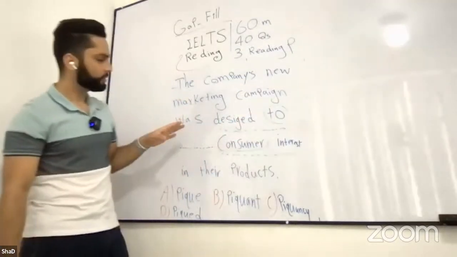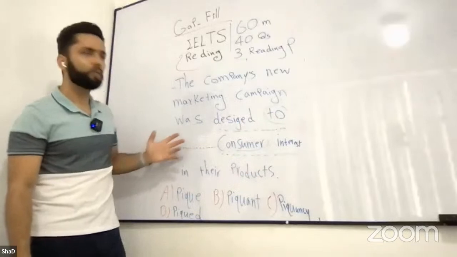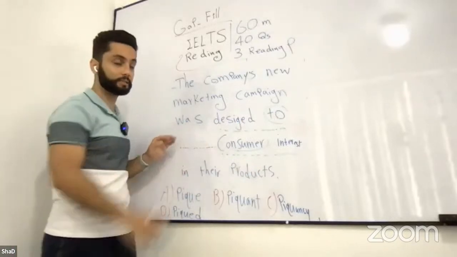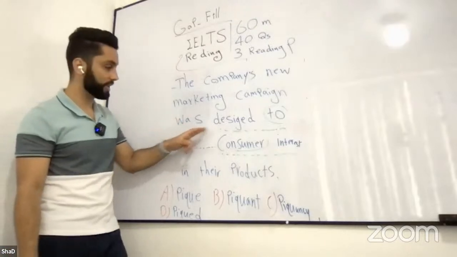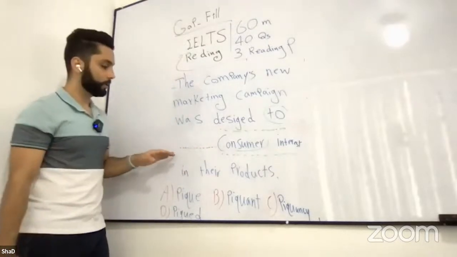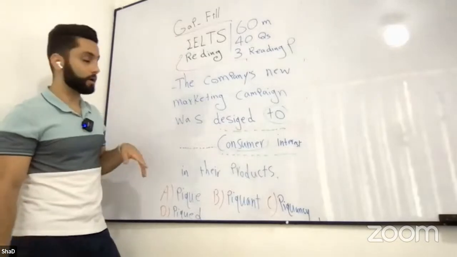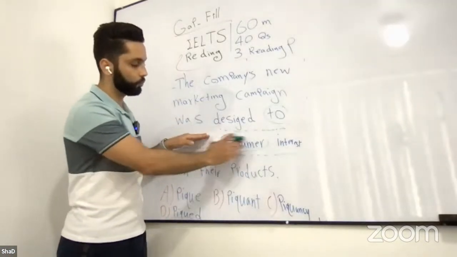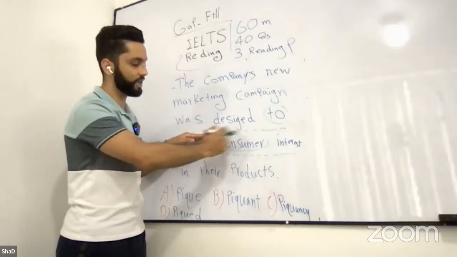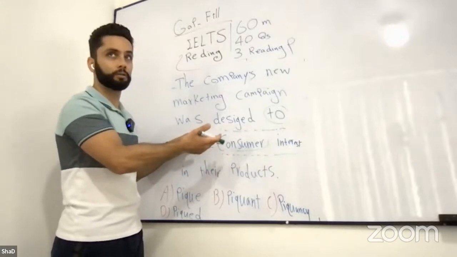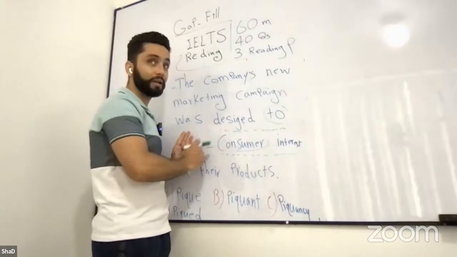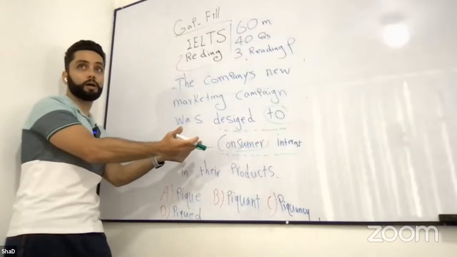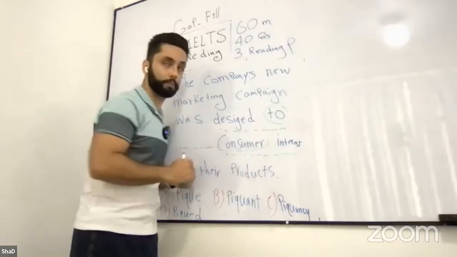So that's the first thing. Why? Because you say, okay, designed to, what word comes after to? That's something important. What words do you think come after to? That's an idea. And when the word is here, what words can come before consumer?